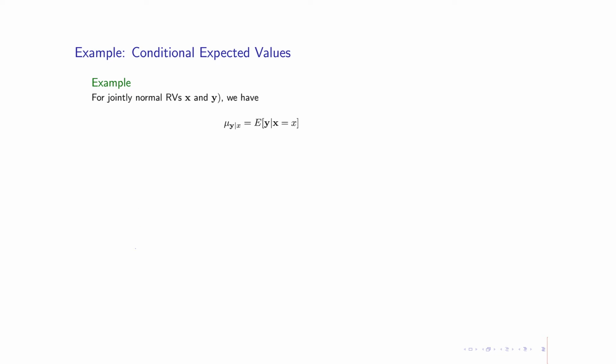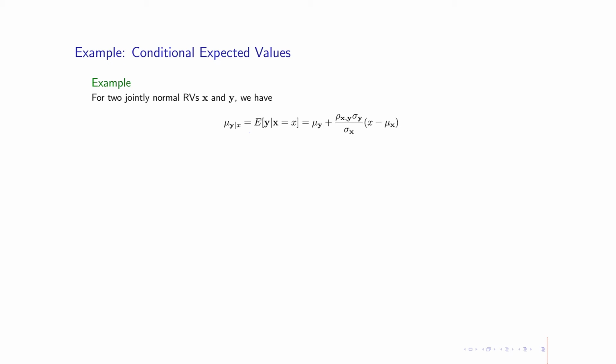Let us have one example for that. Suppose that two random variables have a jointly normal distribution. In that case, what we get is the mean of y given x, which is denoted like that. Remember that this is an abbreviation that we just use. I prefer to use this one, but sometimes it is quicker to use that one.